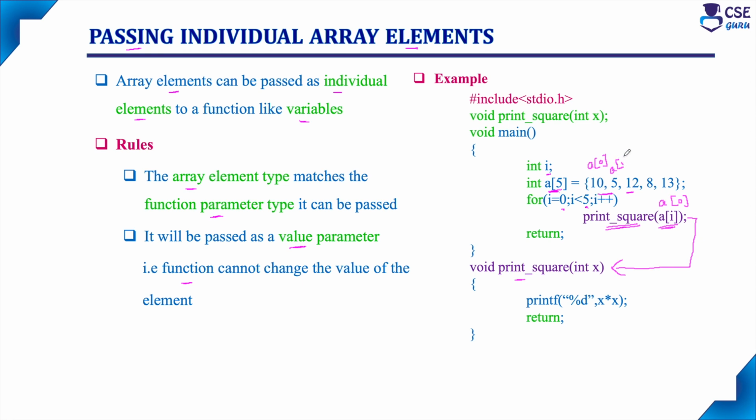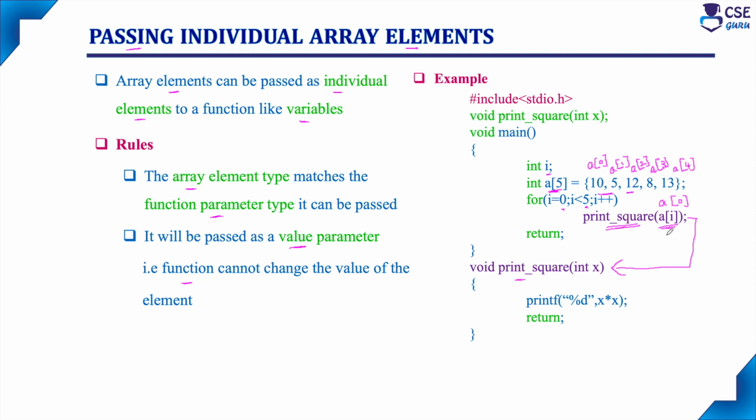Similarly, in a[1], value 5; in a[2], value 12; in a[3], value 8; and in a[4], value 13. So totally there are 5 elements, from 0 to n minus 1, that is 5 minus 1, which is 4.